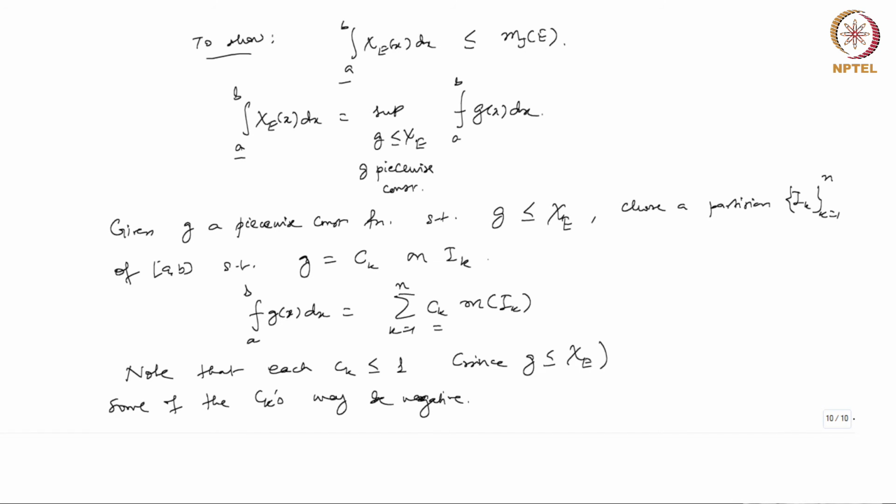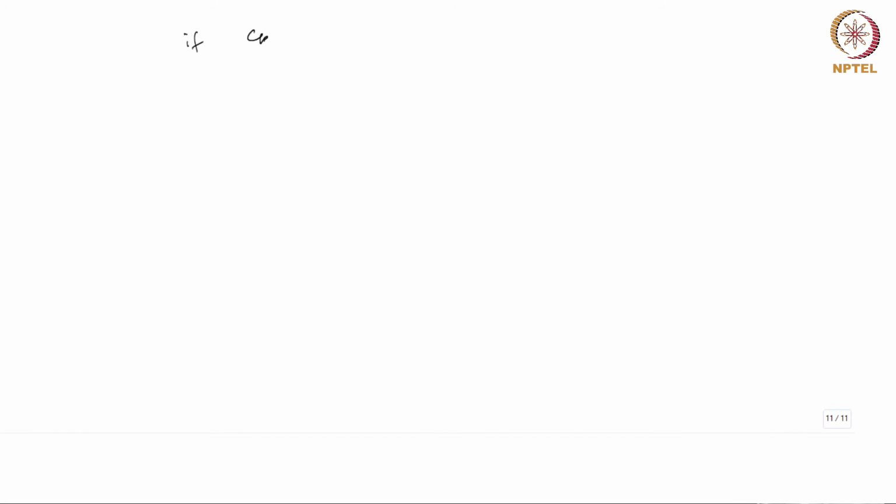So therefore, if c_k is positive, let me write the set of indices. Let I' be the set of indices in 1 up to n such that c_i' is greater than 0 for all i' in this set I', which means that we are only choosing those indices for which this constant value for g is positive.